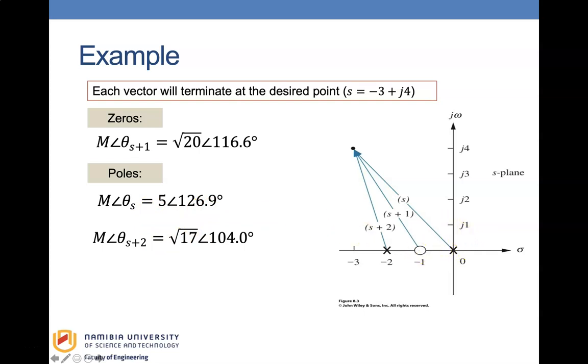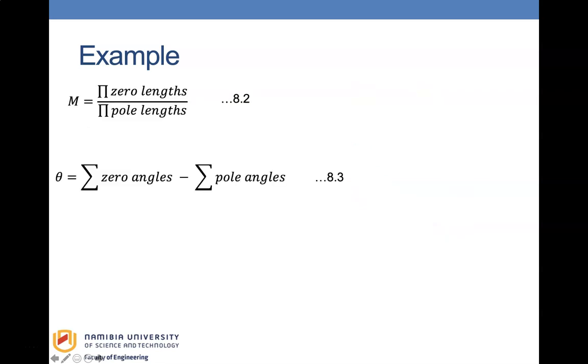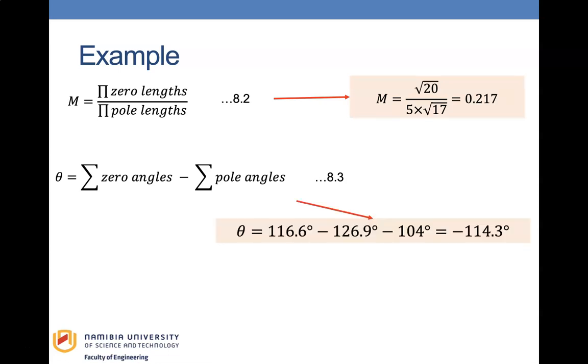The vector originating at the pole at minus 2 has magnitude square root of 17 and an angle of 104 degrees. Substituting these into equations 8.2 and 8.3 yields our result: the magnitude is 0.217 and the angle is minus 114.3 degrees.